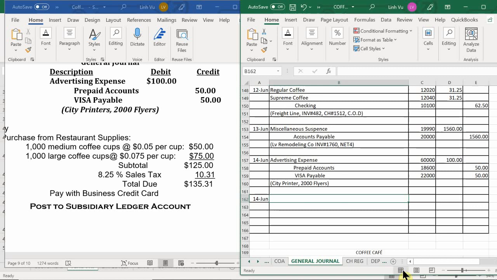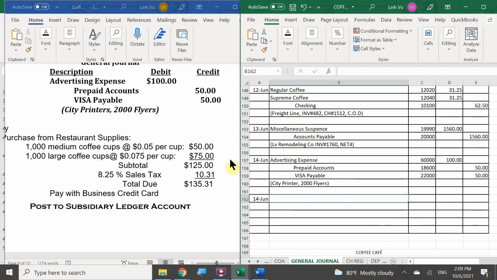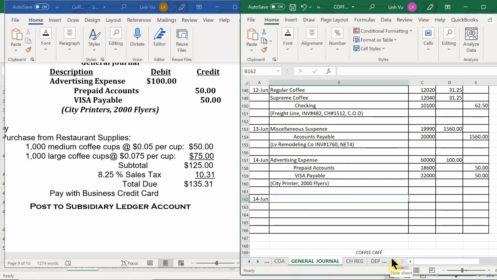Does it say at the very bottom? Purchase with the business credit card. Yes, so we pay with the business credit card. Do we journalize both or one by one? What do you mean, one by one? The medium coffee cup with the Visa, or do we journalize them together?